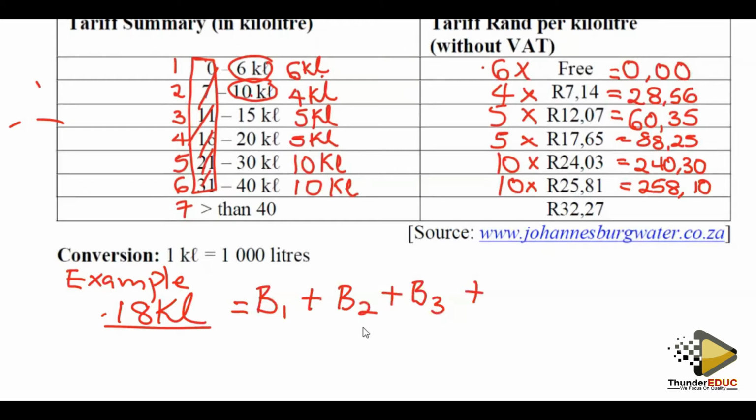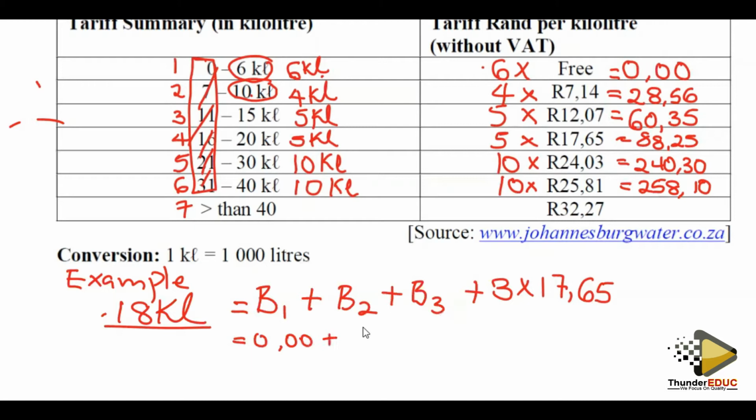So the 3 kiloliters push him to bracket number 4. But remember, he has not used it fully. So each kiloliter we pay how much? They told us we pay 17 rands 65 cents.